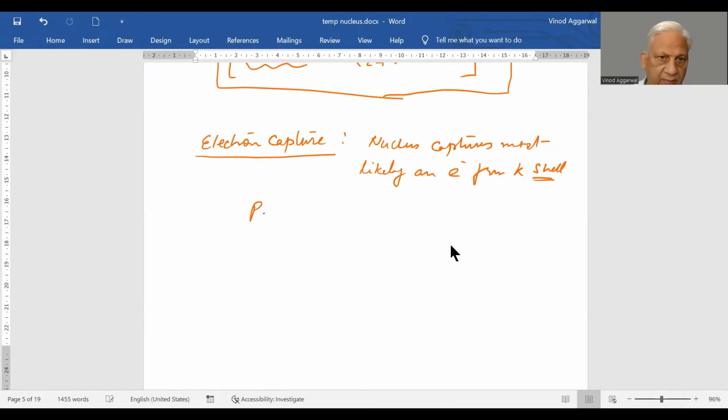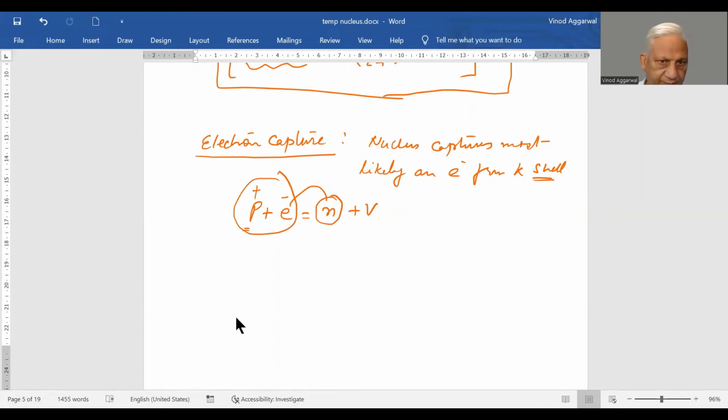And in this process, what happens? A proton plus an electron makes, this is positively charged, this is negatively charged. When they combine together, they make a material which is electrically not charged. It doesn't have any electrical charge because it's a neutron.